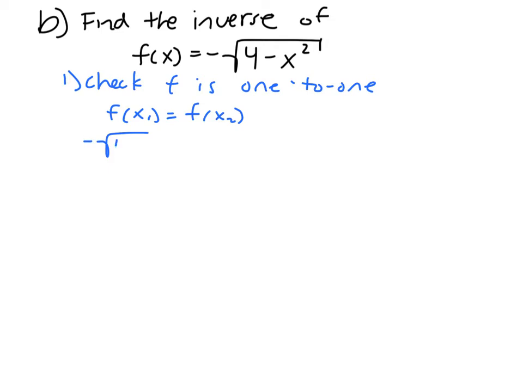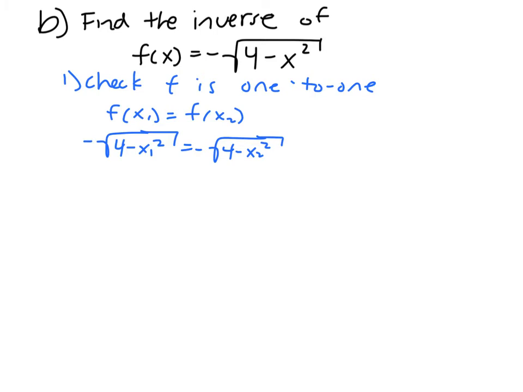So I'll have the negative square root of 4 minus x1 squared equals the negative square root of 4 minus x2 squared. Again, we're checking if x1 equals x2. I'm going to solve for x1, and then we'll see if that equals x2.